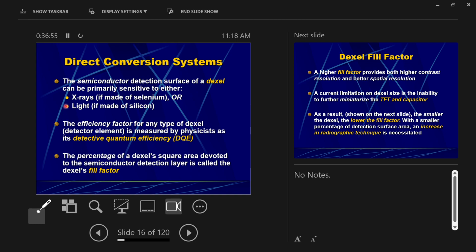X-rays expose selenium, visible light can expose silicon. The efficiency of any detector element is measured by physicists as something called the detective quantum efficiency, or DQE. We won't spend a ton of time on that, but remember that's a term referring to the efficiency of any given detector.